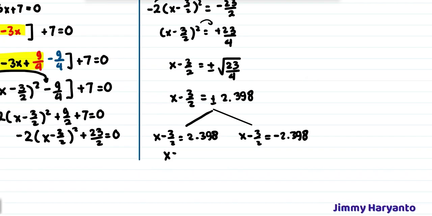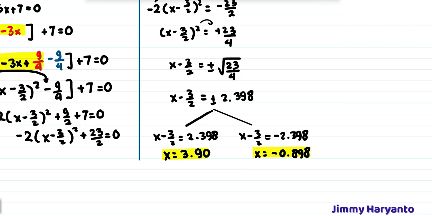And then this one will be plus 1.5, 3.90 in 3 significant figures. And then this one is negative 2.398 plus 1.5. It's negative 0.898. So this is the solutions. Yeah, x equals to 3.9 and x equals to negative 0.898.